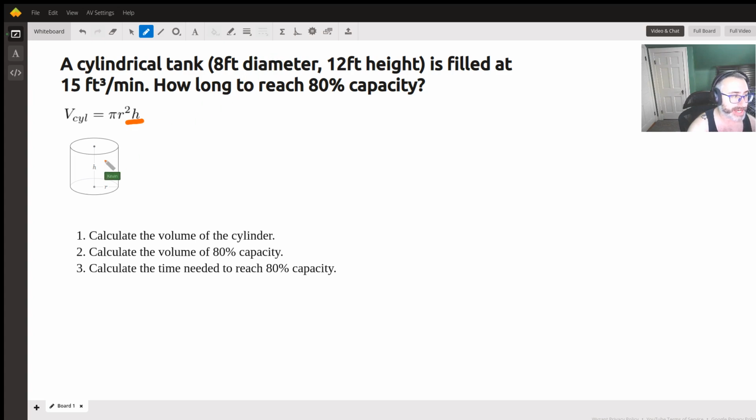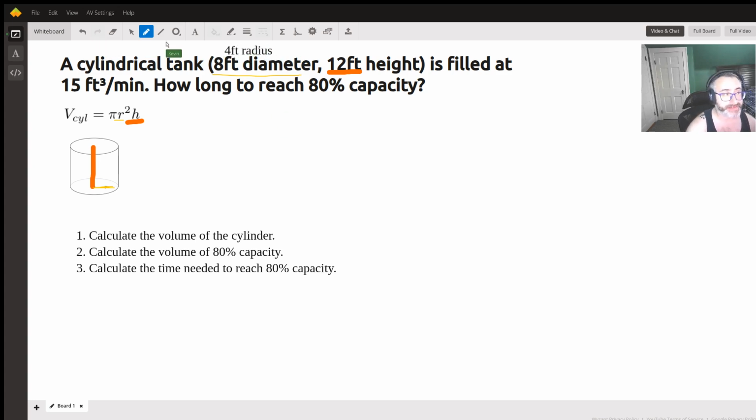Well, we do have the height, which is 12 feet, but we don't have the radius. We have a diameter, but that's not the same thing as a radius. We know that the radius is just half the diameter. So I can think of this as a 4-foot radius.